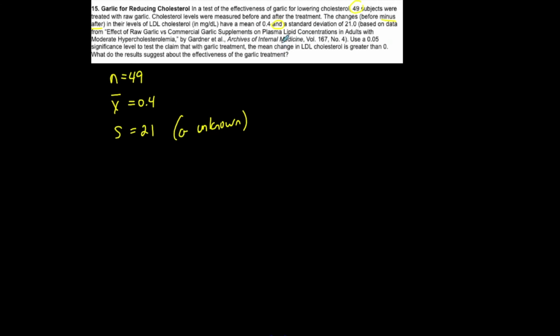But let's see what I'm running a test about. Use a 0.05 significance level. Alpha is 0.05. This is the same thing as the last section. Significance level is alpha. To test the claim: anytime I hear a claim, I go, here's my null and here's my alternative. I'm pulling these things from the problem.